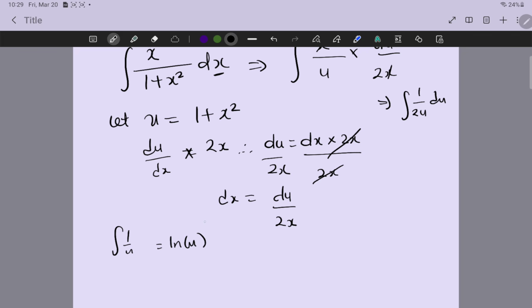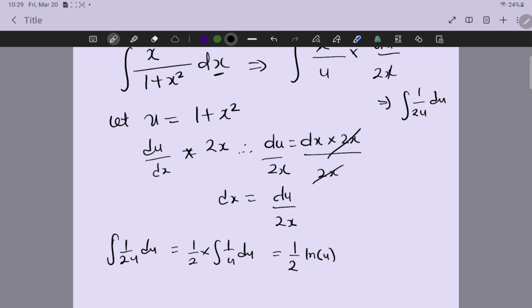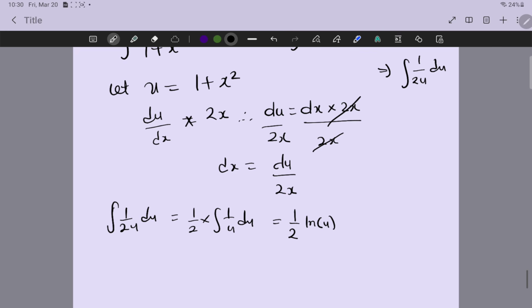So integral of 1 over 2u du is the same thing as 1 over 2 times integral of 1 over u du, which is ln u plus c. But this time we're not using this arbitrary constant. We still have a lot of work to do. So we have 1 over 2 ln u.